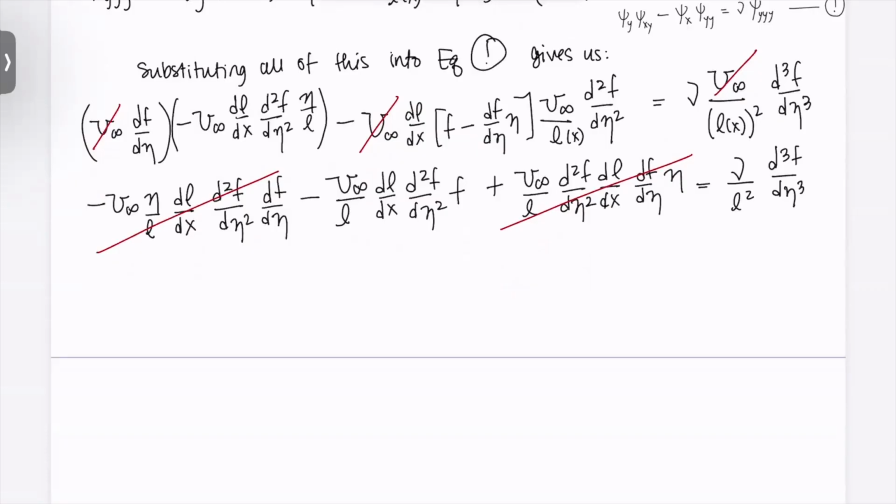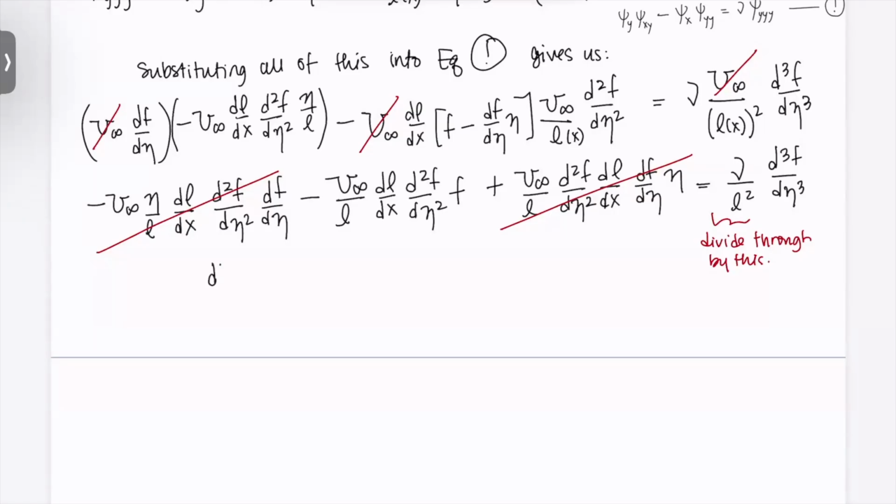So I am going to move everything over to one side of the equation, and I'm also going to divide through by this so that my leading order derivative has a coefficient of 1. Great.